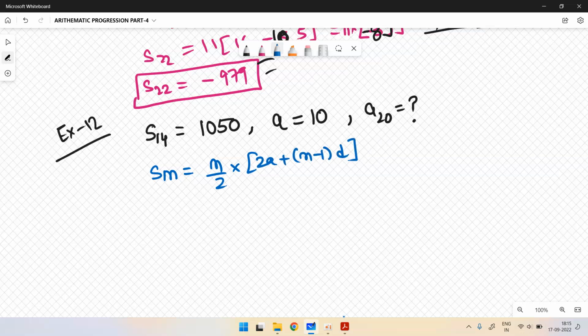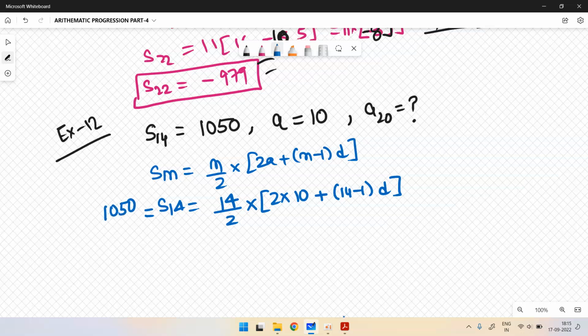If you calculate S14, this is 14 by 2 into 2 into the value of a, 10, plus 14 minus 1, and d you don't know. But you know the value of S14 is 1050. So this is 7, which implies that 1050 equals 7 into 20 plus 13d.